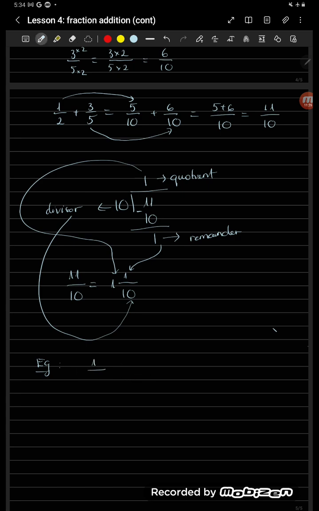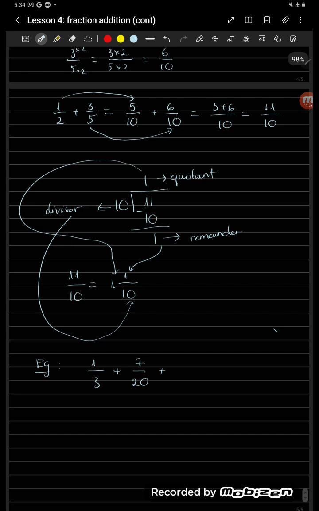So 1 over 3 plus 7 over 20, plus let's say 5 over 12.